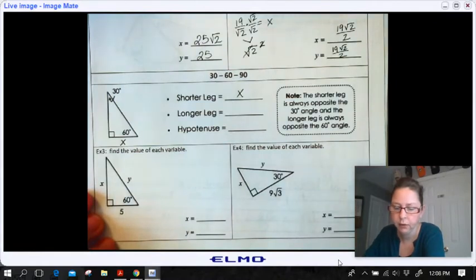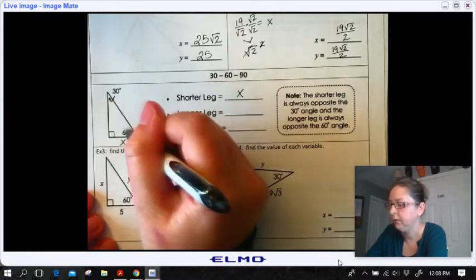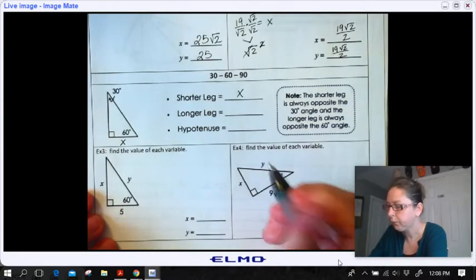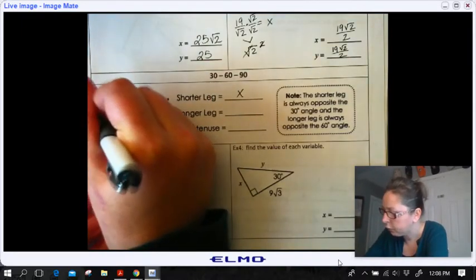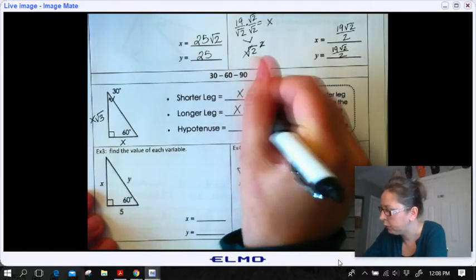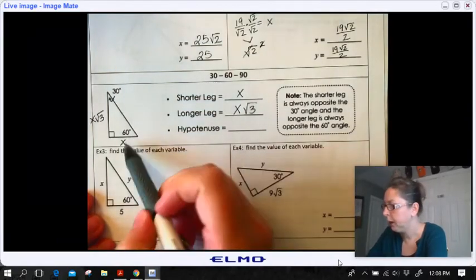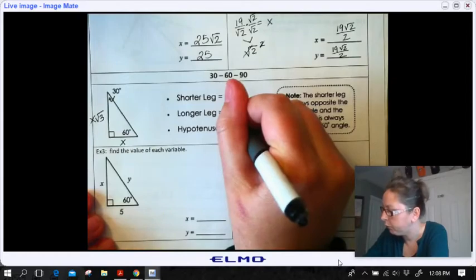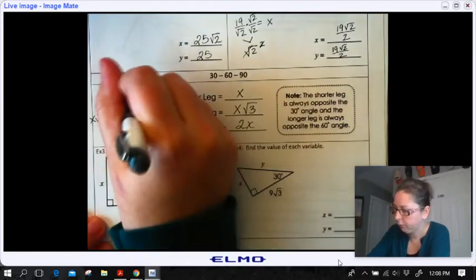The longer leg opposite the 60-degree angle is going to be x square roots of 3. And then our hypotenuse will be equal to 2x.